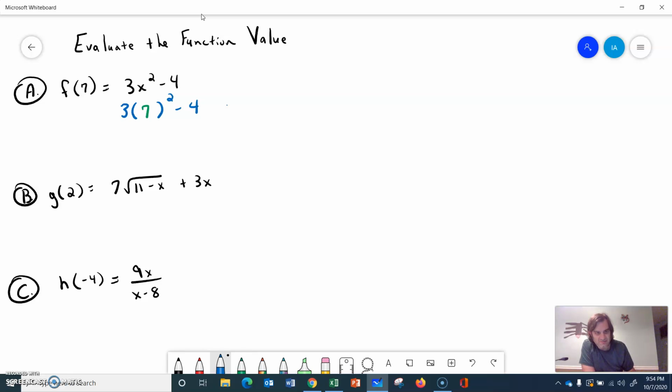So what does that look like? That looks like 3 times 49 minus 4. That's 147 minus 4. So 143. So this function f, we put 7 as the input. We got back 143 for the output.